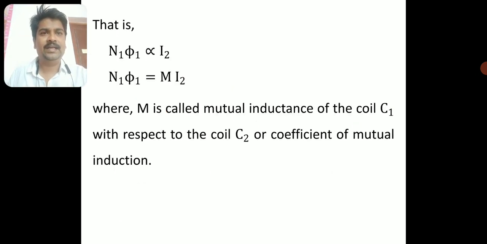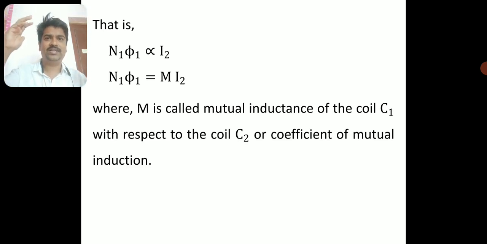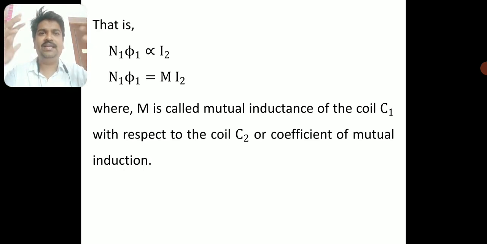After defining this, the flux is proportional to the current. If current increases, the flux will also increase in the coil C1. If current in the other coil C2 increases, flux linked to the coil C1 will increase.